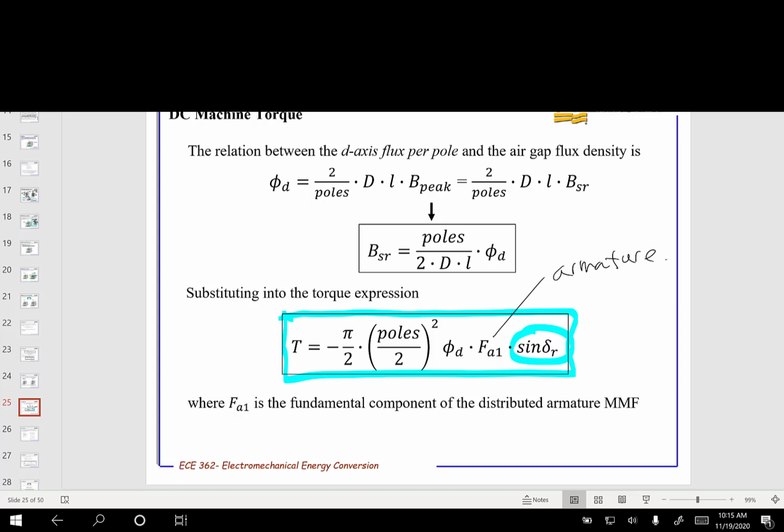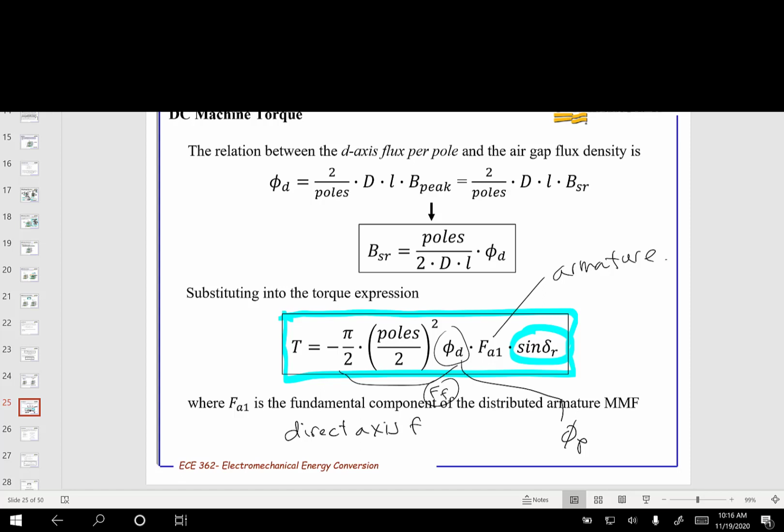Now this is a field MMF here, the field, but it's in terms of a flux. This is the equivalent to what we called phi P with the synchronous machine, except when it's a DC machine we call it phi sub D. And that is because it's really what we call a direct axis flux.